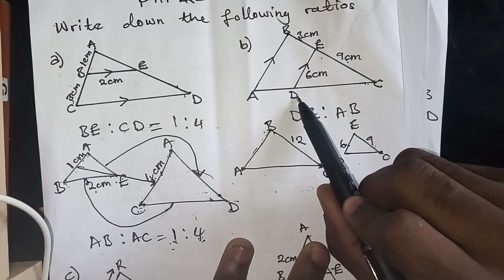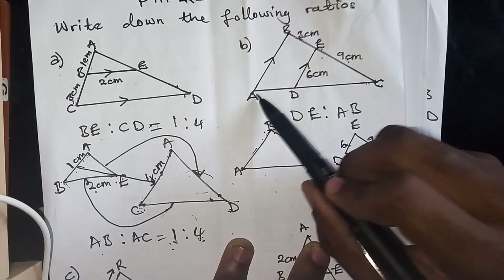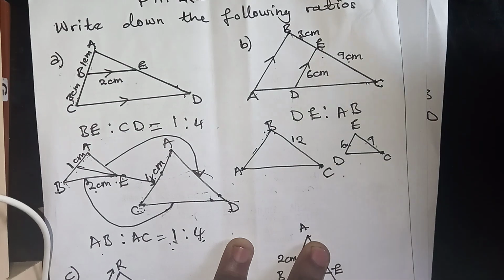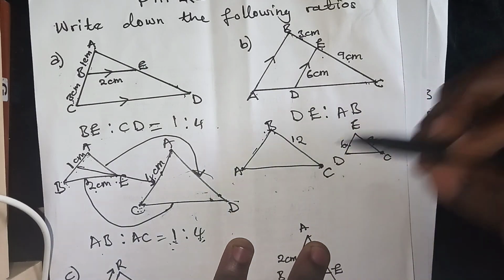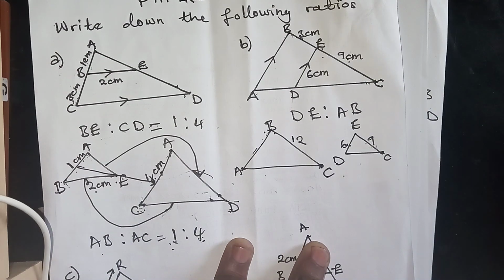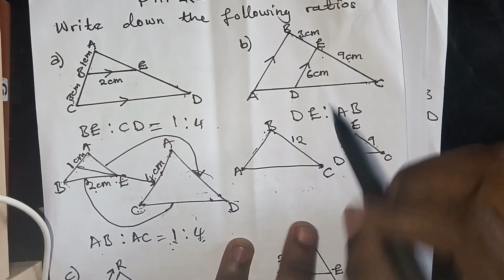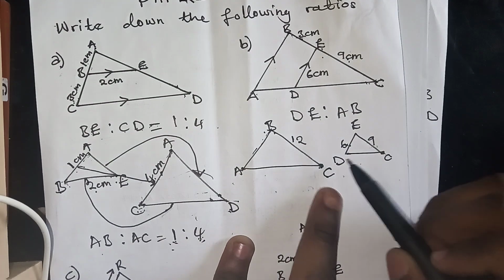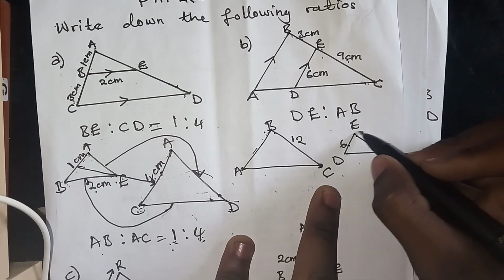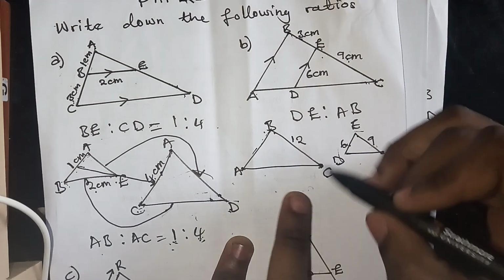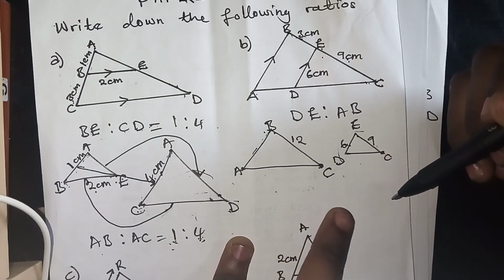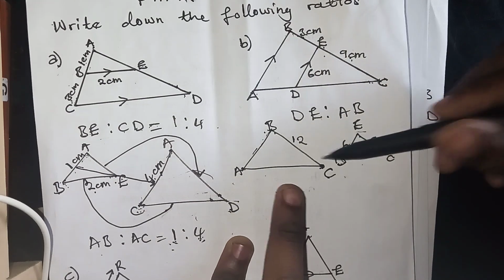So now to find the ratio DE to AB, all you need to do here is to check the other corresponding sides and then find their ratio. So since DE is from the smaller triangle to the bigger triangle, you just need to check two corresponding sides which have numbers on them.